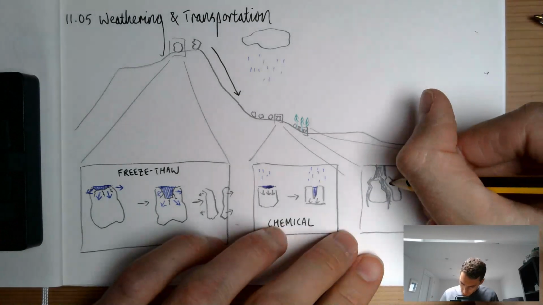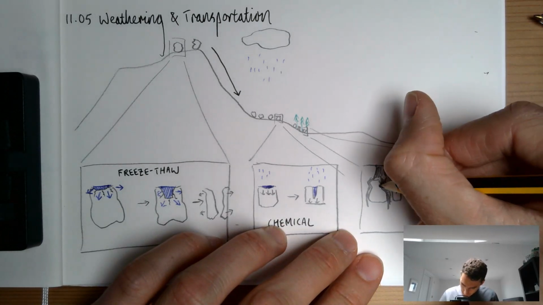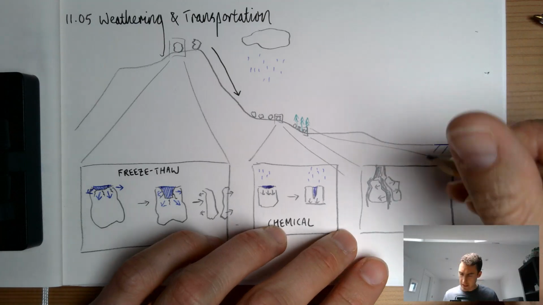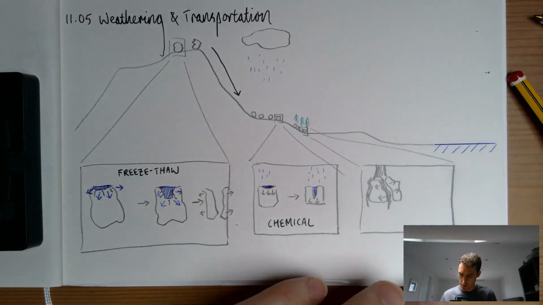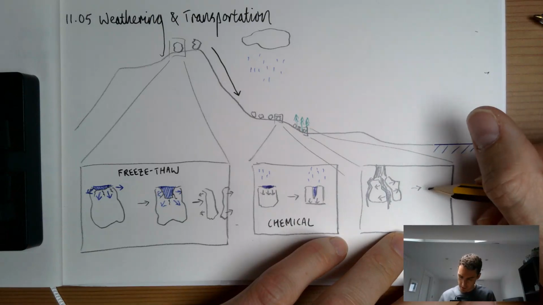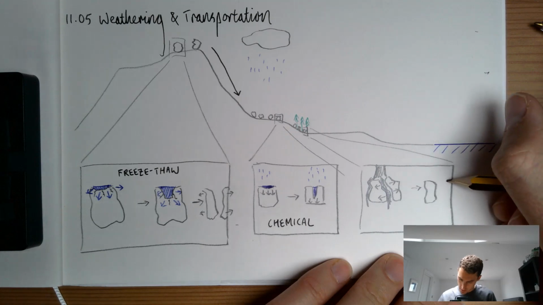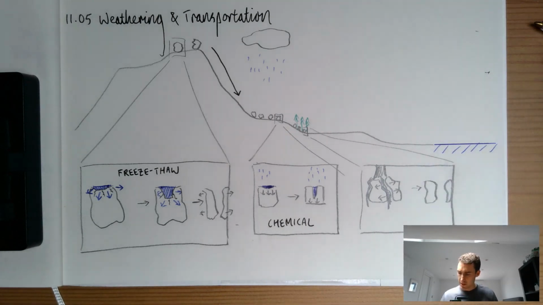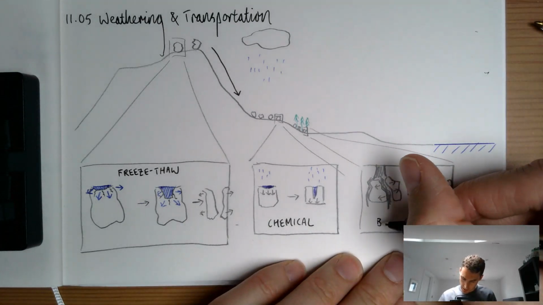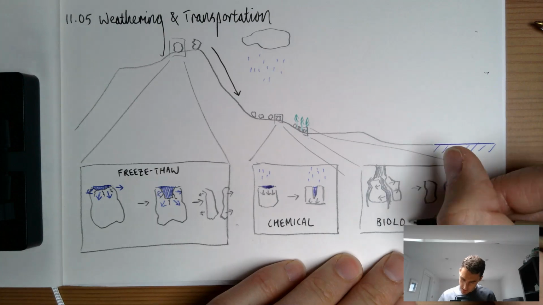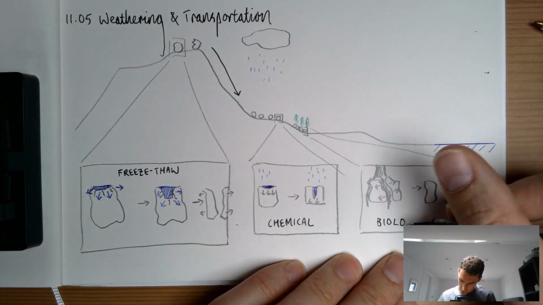And again, what that does is make the cracks get wider, and so ultimately the rock gets split into smaller pieces, which we can show like this. And that one is called biological weathering, as you've probably already guessed. So that's what I'd illustrate to students.